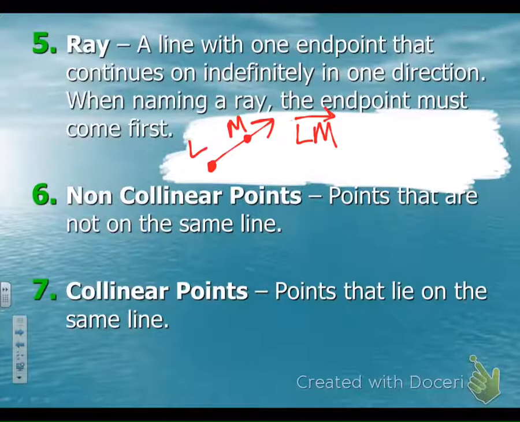The other important thing about naming a ray is that you can only start at the endpoint. So L has to be the first thing I write down. We cannot reverse the order on a ray. Start at the endpoint and then use another point closer to the arrow side.